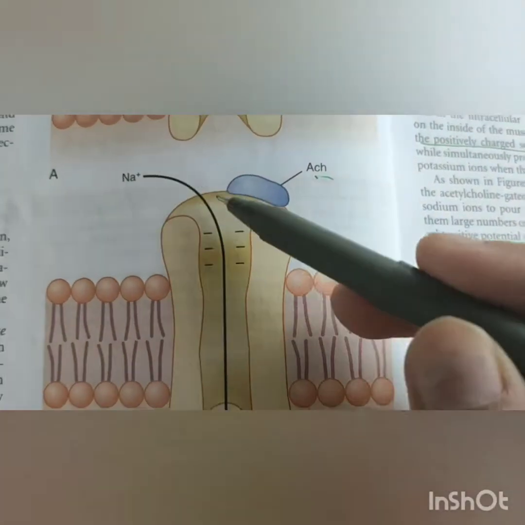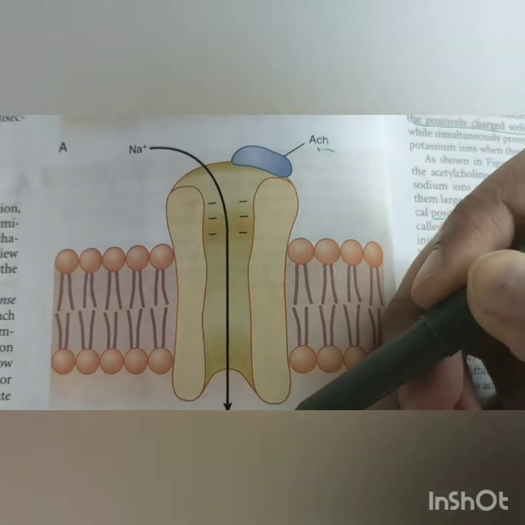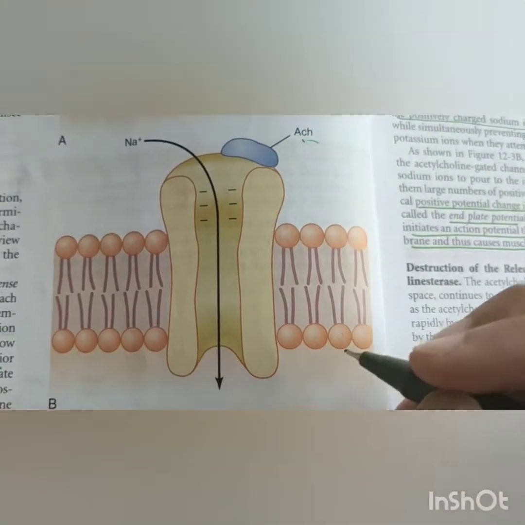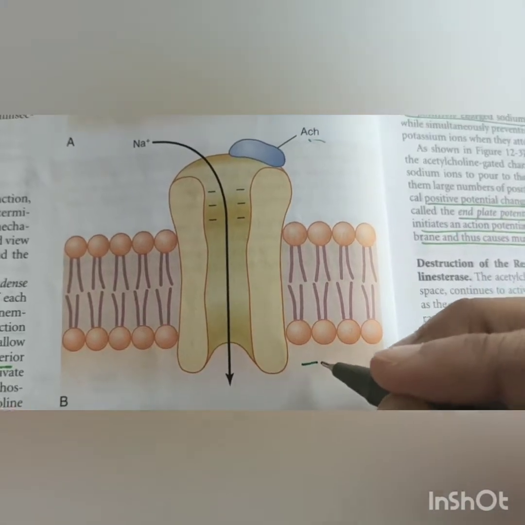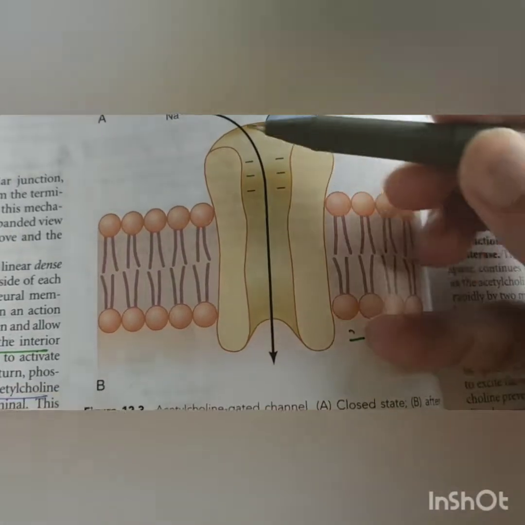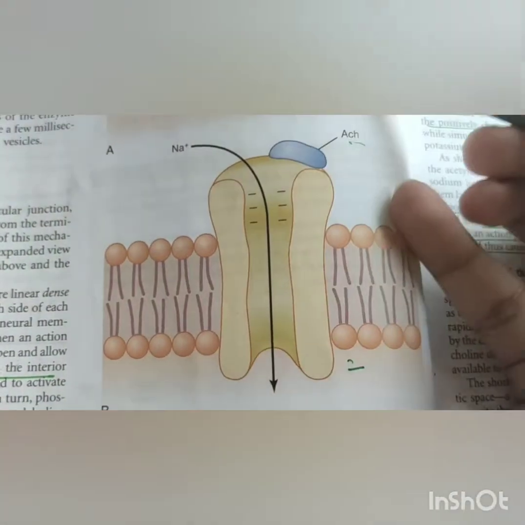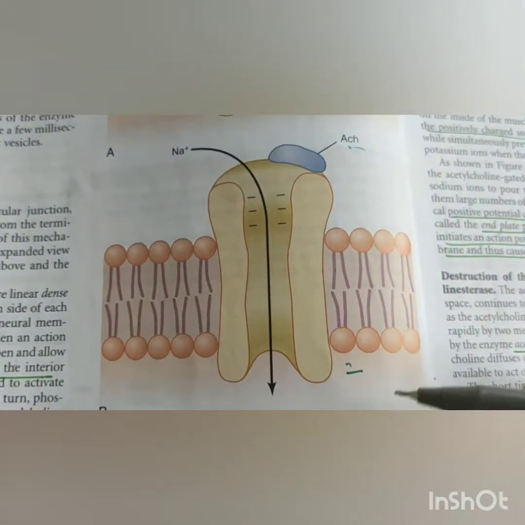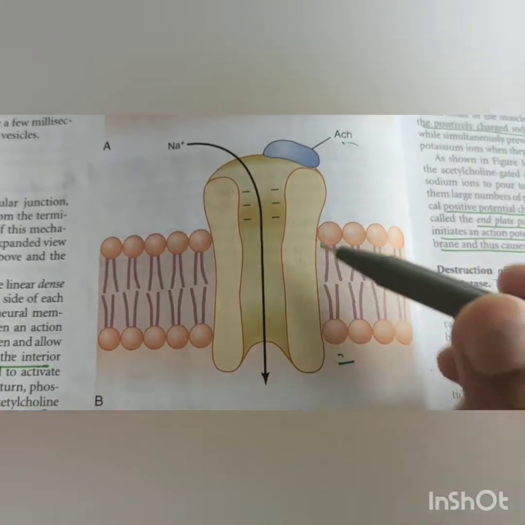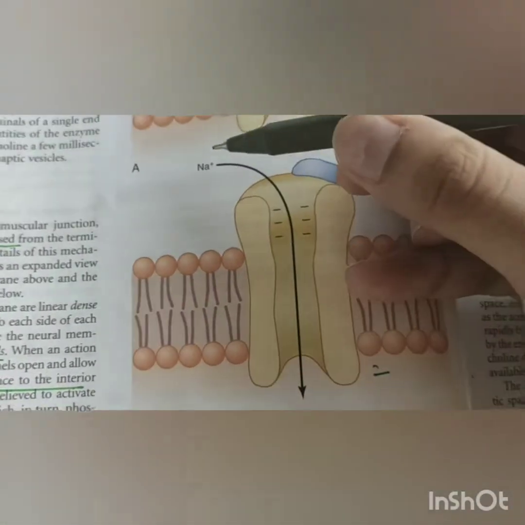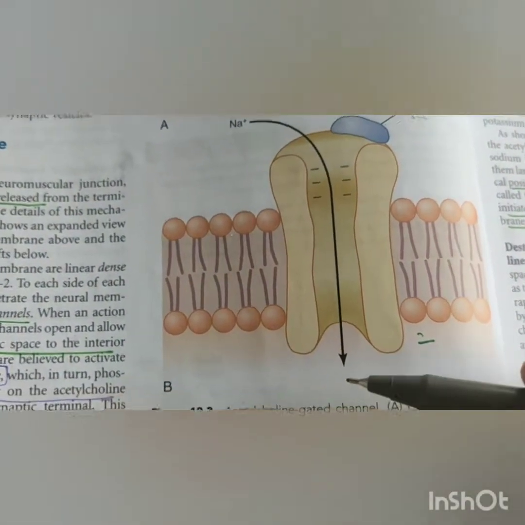It could allow sodium ions to enter and potassium ions to diffuse outside. But as we know, the inside of the membrane is already negatively charged, so it allows the movement of sodium ions inside instead of potassium outside, because of the strong negative charges in the mouth of the channel. It repels the negative ions and allows the sodium ions to come inside.